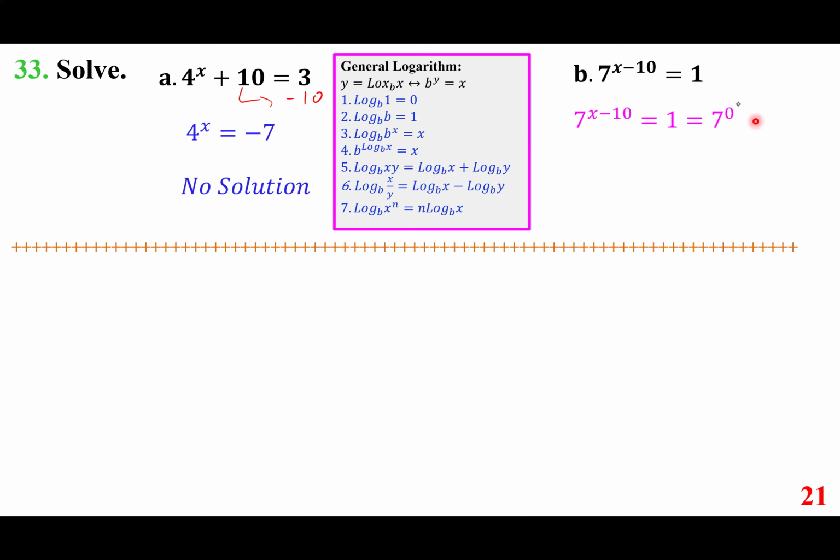So x minus 10 must be the exponent 0, which means x must be 10.